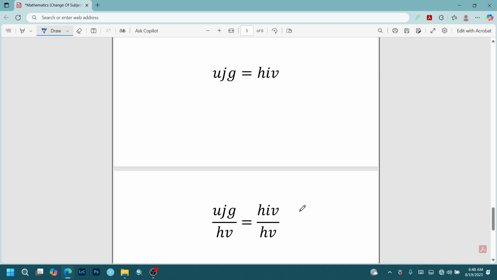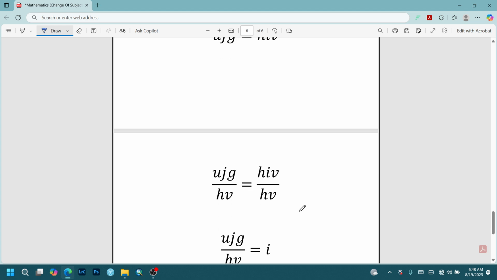And we want to make I the subject of the relation. But I is not independent. It has some dependencies surrounding it, and these dependencies are h and v.